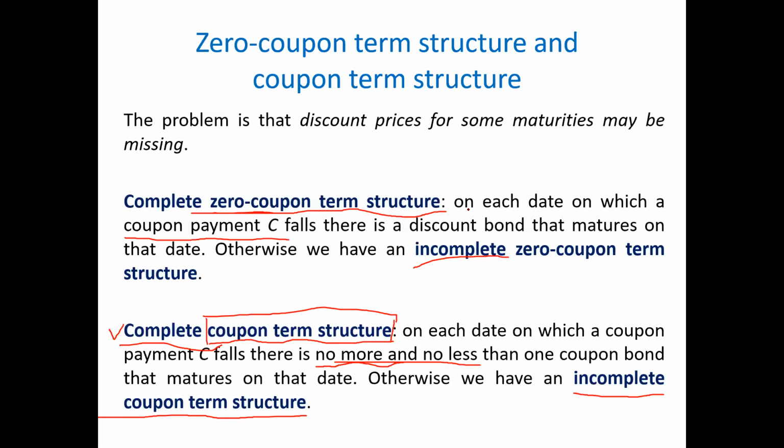It's not about the parameters of the bonds. Coupon bonds might be quite different in their parameters, for example, the size of the coupon. It's only important that there is a bond, any coupon bond, a large coupon, small coupon. What is important is that the coupon bond matures on the day when a certain coupon payment falls.